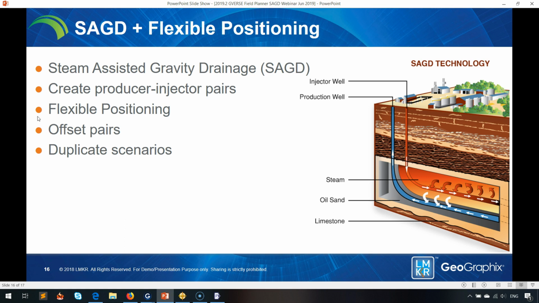We can offset pairs, so that means we give the injectors offset in the X direction or the Y direction, and we can also offset those injectors to be above the producers with a negative Z value, for example. And also we can duplicate one SAGD configuration scenario all over the entire map. And so that gives you a much faster workflow than doing everything manually, well by well.